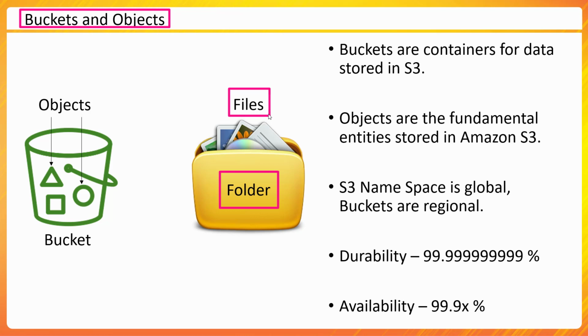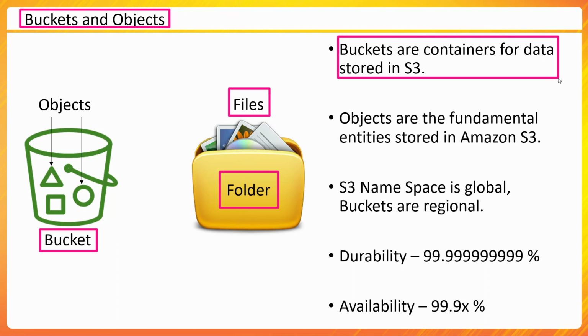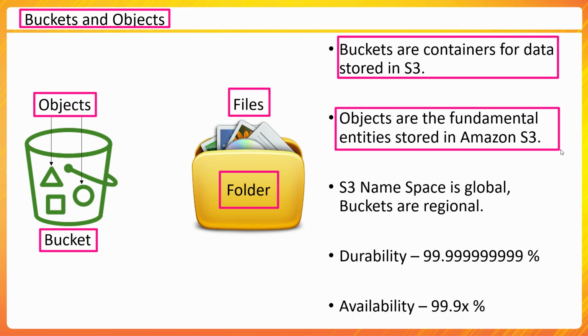In Amazon S3, the similar concept to a folder is a bucket. If I go with the formal definition, buckets are containers for data stored in S3. They keep the data, and inside a bucket we keep objects, and objects are the fundamental entity stored in Amazon S3.